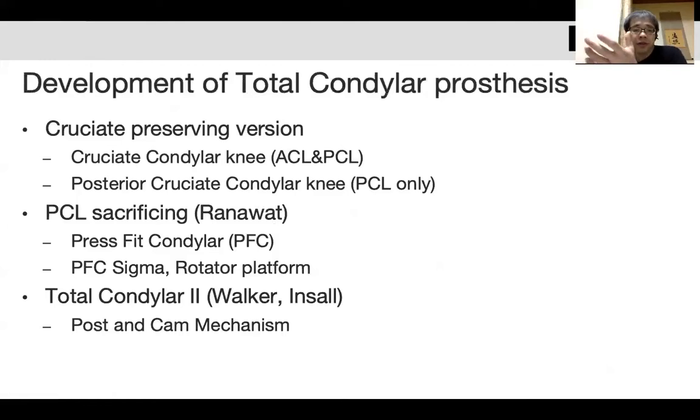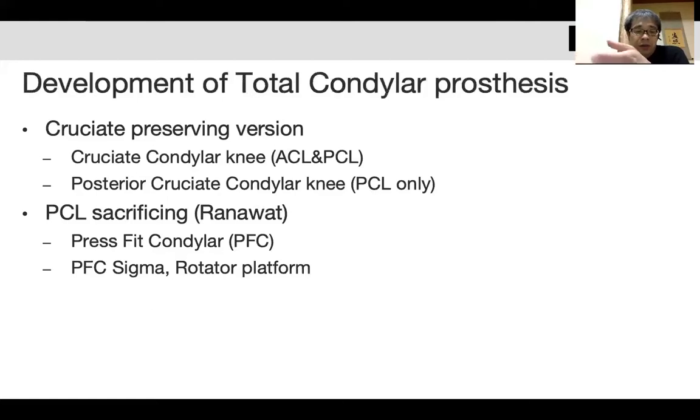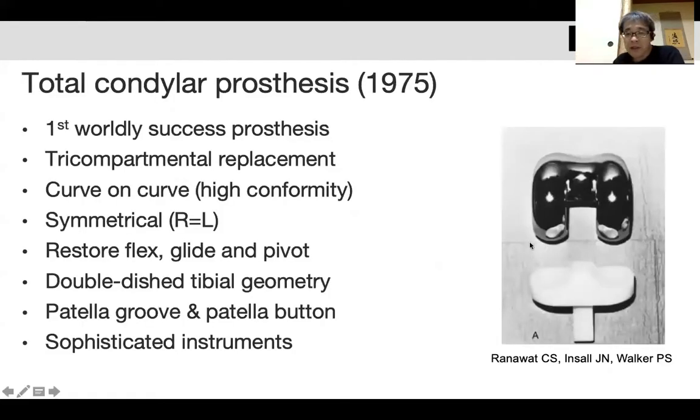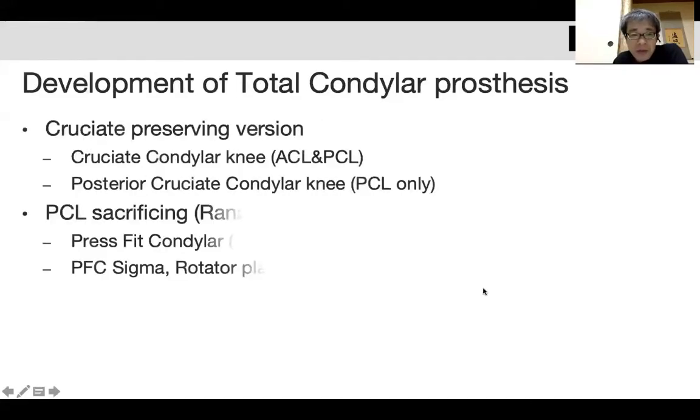If the conformity in this design is higher, high stress will transmit to the bone and prosthesis component. So this type of prosthesis can allow rotation, the so-called rotating platform.